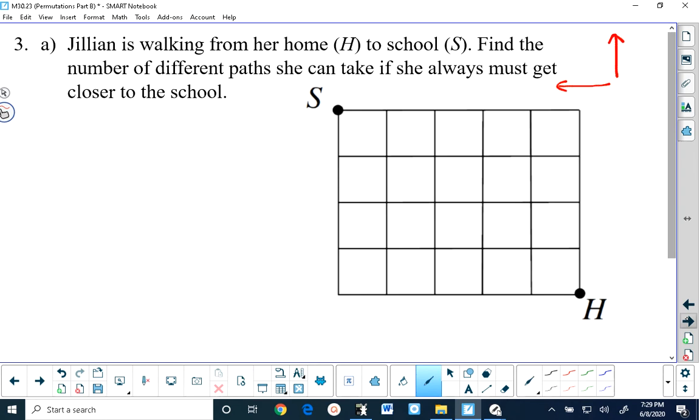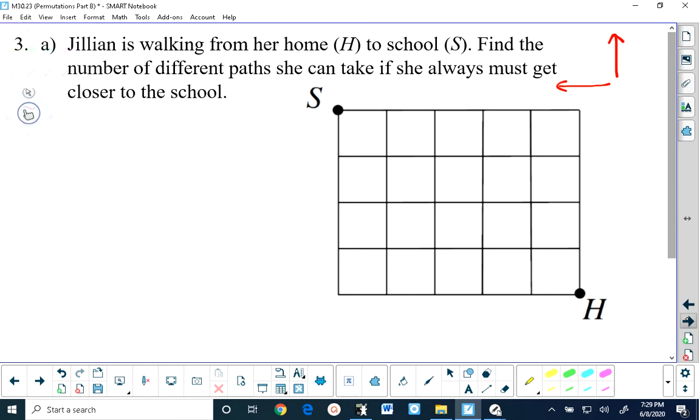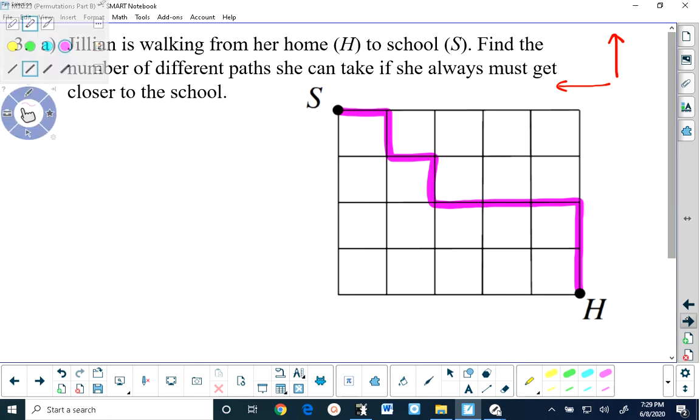So, for example, one particular path that Jillian could take would be to start at home and walk up, over, up, over, up, and over. She could do that. That is a possible way for her to go from home to school. What she could do instead is start here and go up and over and up and up and over, over, over, over, and up.